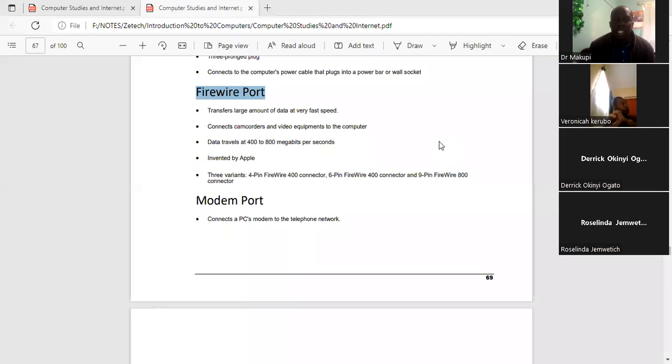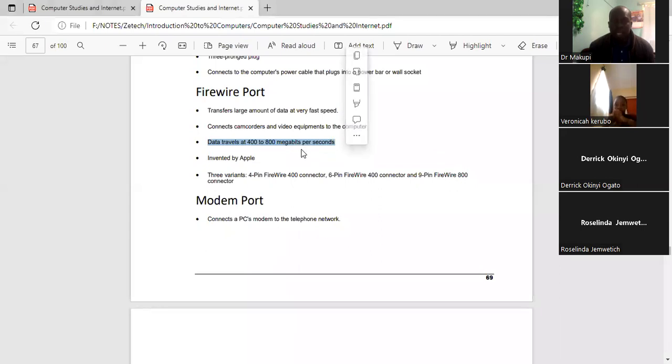So this FireWire port makes Apple machines able to relay data at very high speeds. Three variants come with this FireWire port: 4-pin FireWire 400 connector, 6-pin 400 connector, and 9-pin 800 connector. So this is the port which has the highest speed in terms of data transfer, 400 to 800 megabits.